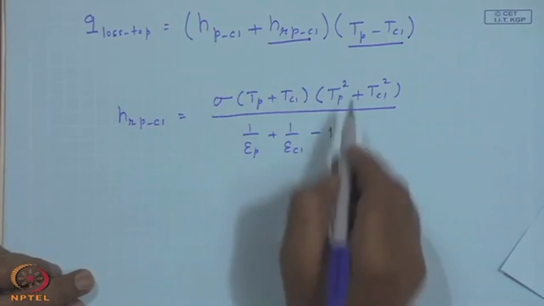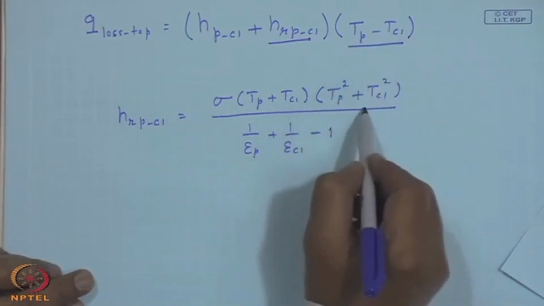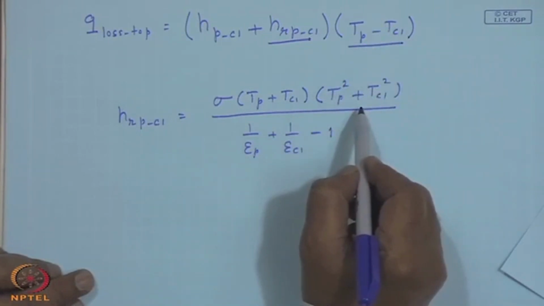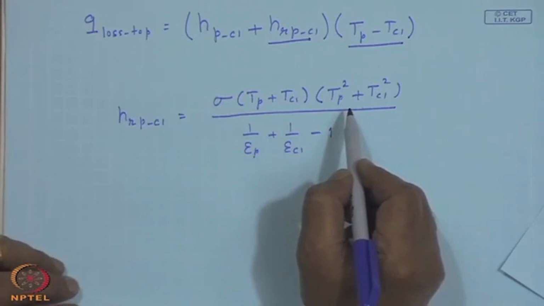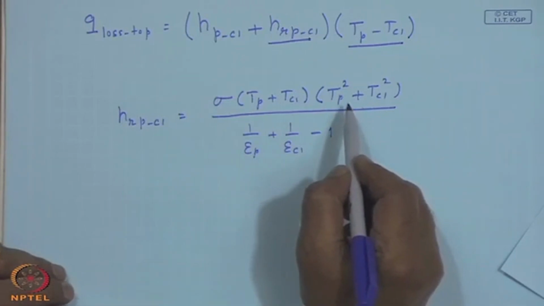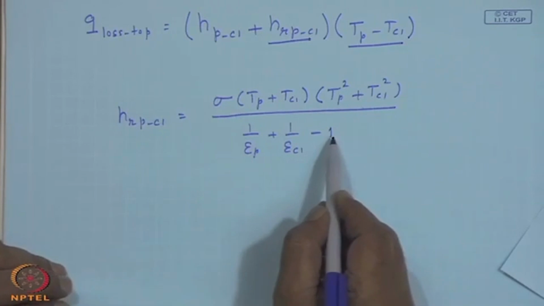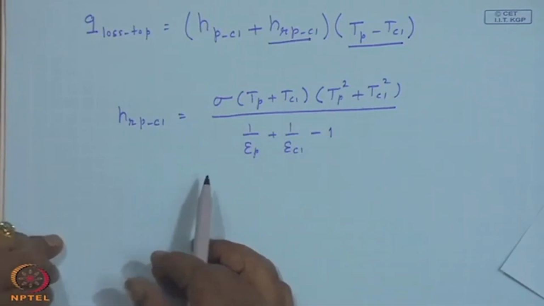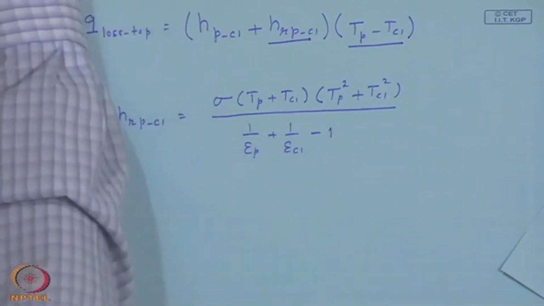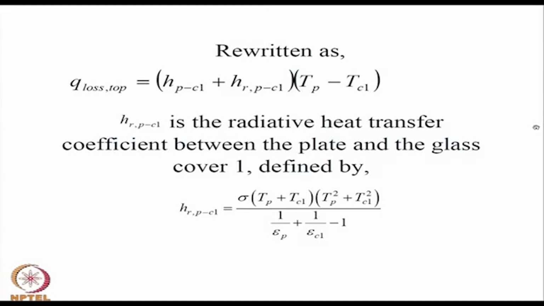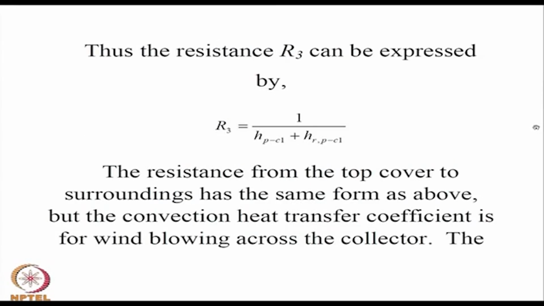There is no magic. If you just multiply with T p minus T c 1, it will be nothing but sigma into T p to the power 4 minus T c 1 to the power 4 upon 1 upon epsilon p plus 1 upon epsilon c 1 minus 1. This you have done in your undergraduate heat transfer course in the radiation part.